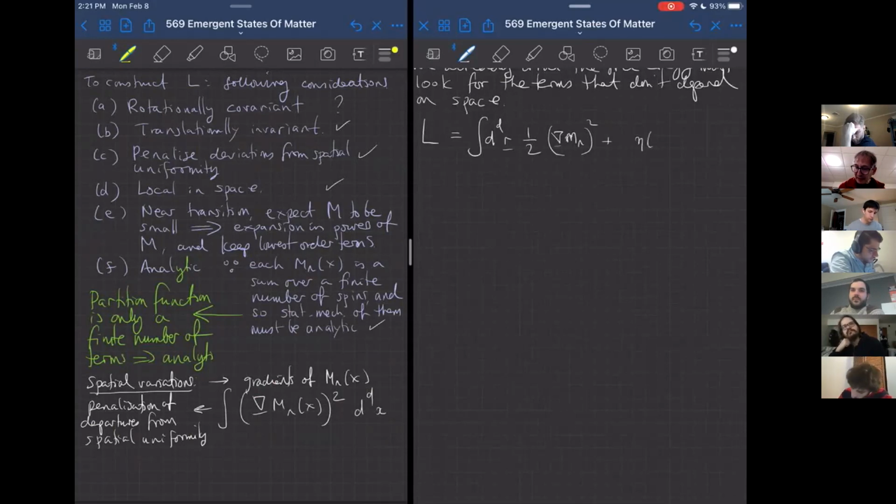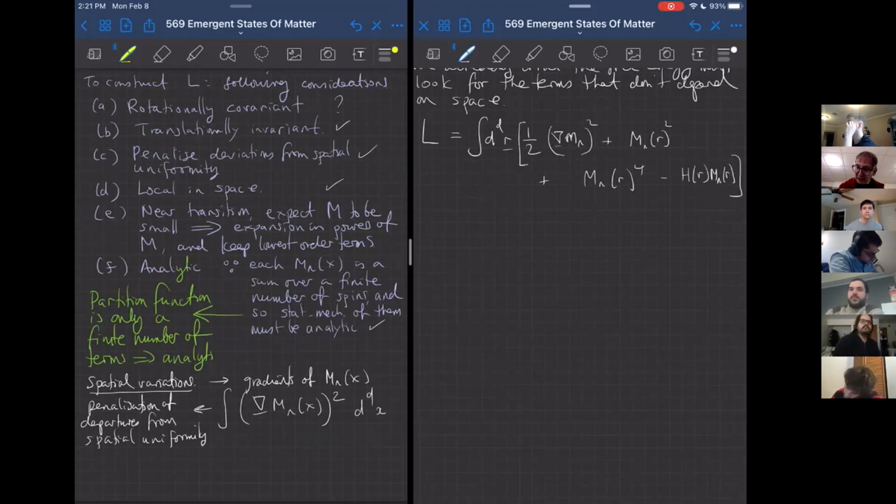Now, sorry, I'm calling it m, so let me write it as m for now, but later I'll call it eta. So then you would have m of lambda of r squared. You'd have a term m lambda of r to the 4th. You'd have a term, an external magnetic field at r times the magnetization at r. And then you would take all of these things and integrate them over space.